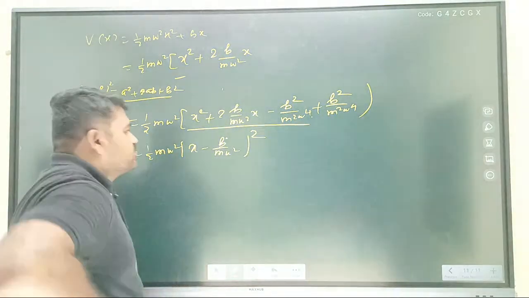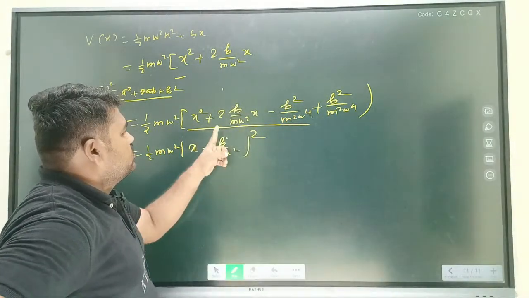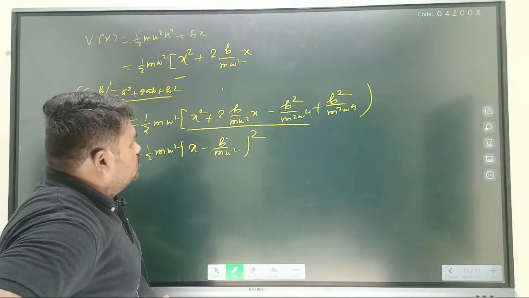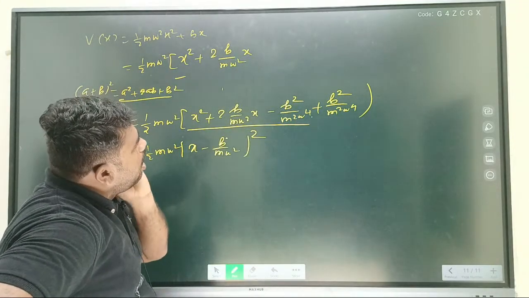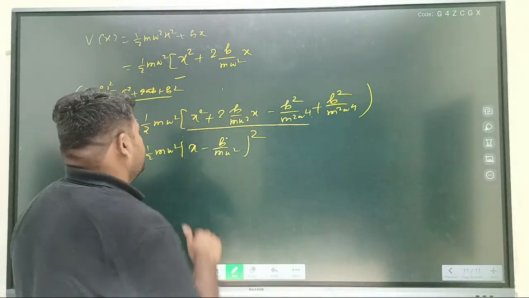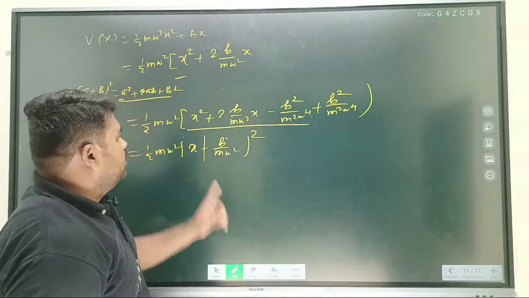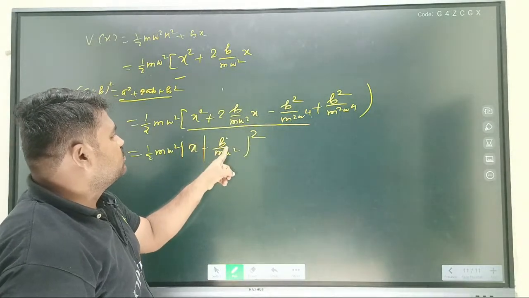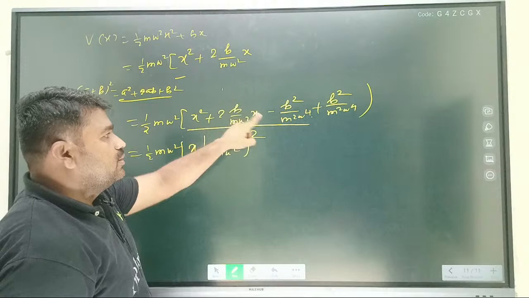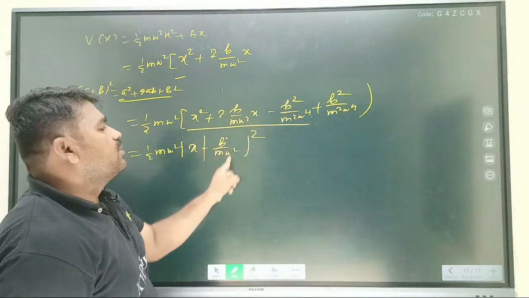What is this bracket square? X square minus, okay हाँ sorry, प्लस लिख सकते हैं हम, don't write the minus here. X square plus 2 times of a into b, a means x, b means b upon m omega square plus b square upon m omega square.